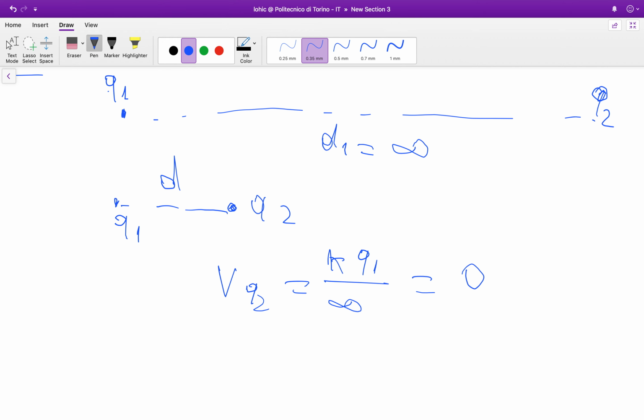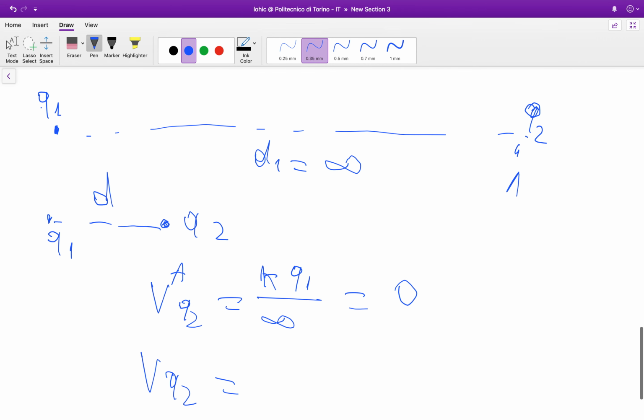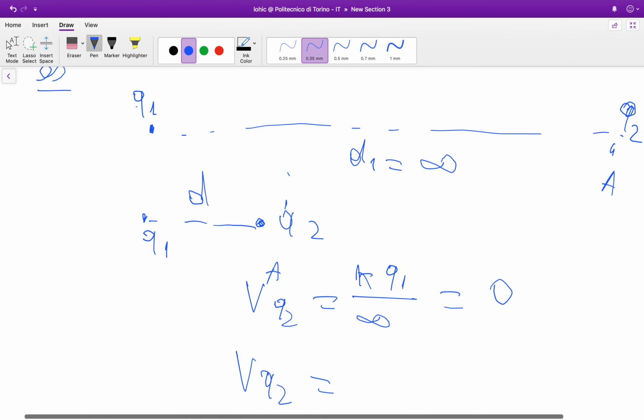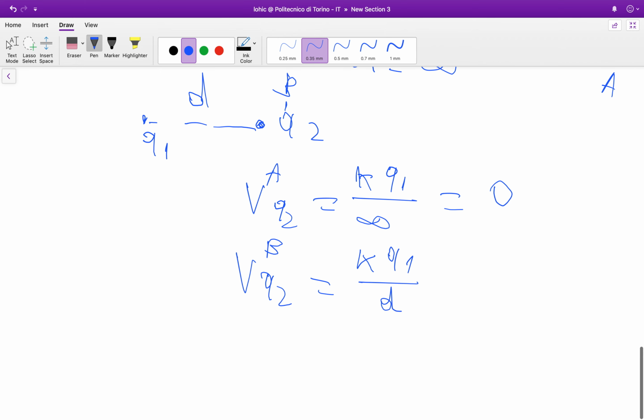Then at the end, what is the final potential? Let me call this VA when Q2 was still at the point A. Now at the end it's at the point B, yes or not? So the potential at the point B will be K Q1 divided by D. Yes or not?